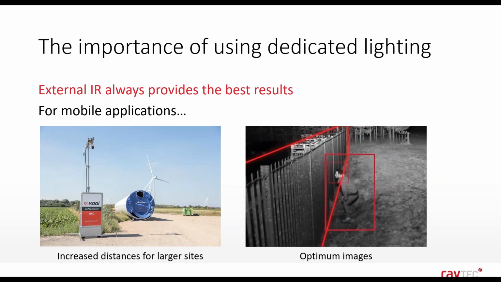So what's the importance of using dedicated lighting? Ultimately, and I think this is generally an accepted point of view here, an external lighting product will always be more powerful than an integrated infrared within a camera.